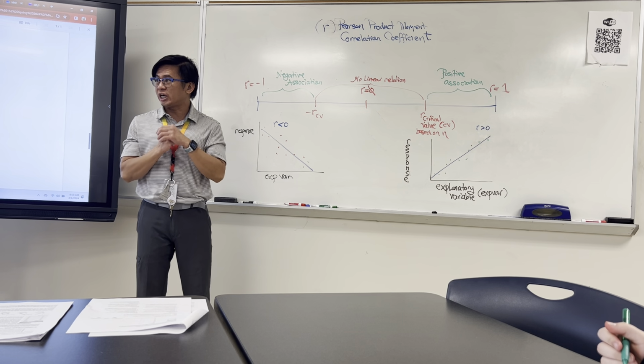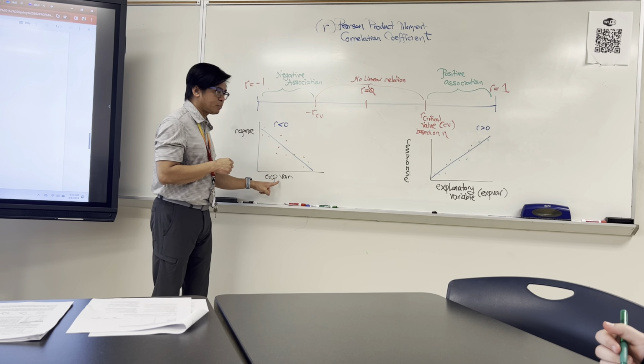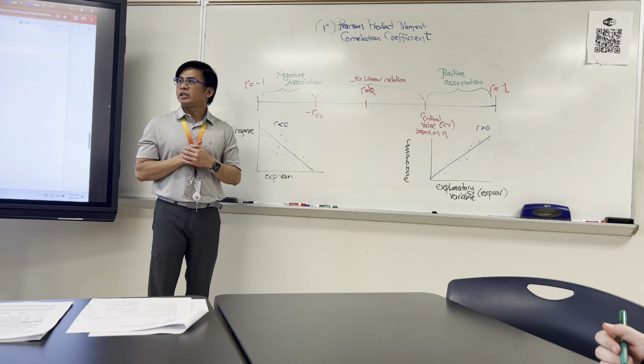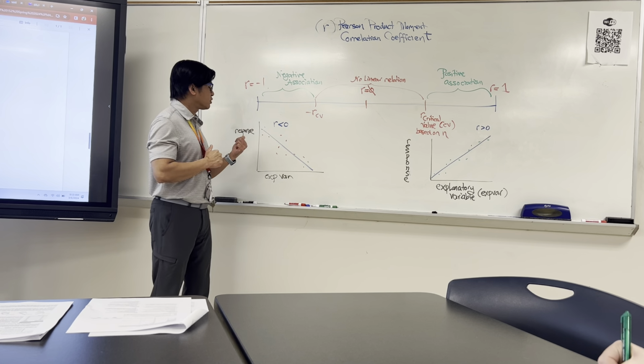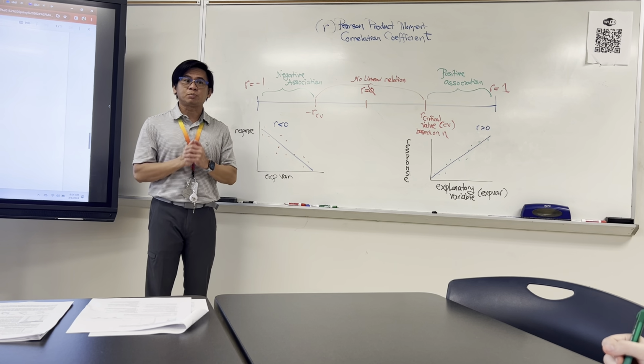Causation only happens if the explanatory variable is the one that causes either an increase or decrease in the response variable. That only happens if you do an experimental study.